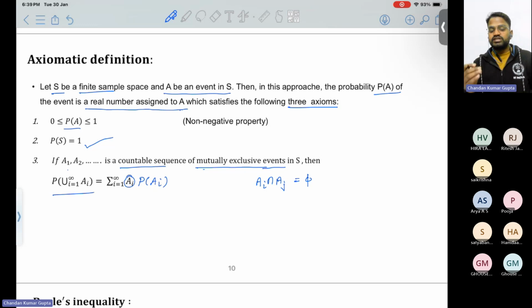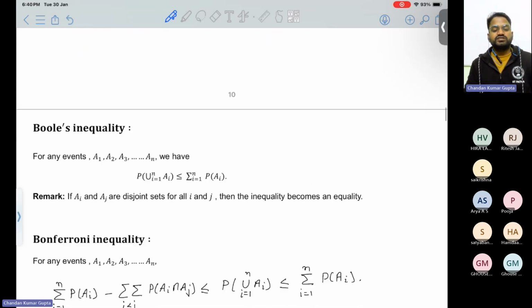These are the three axioms or properties that should be followed when we calculate the probability of any event A. These are the three definitions.